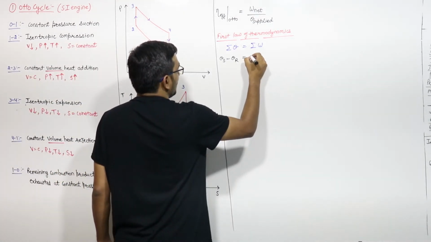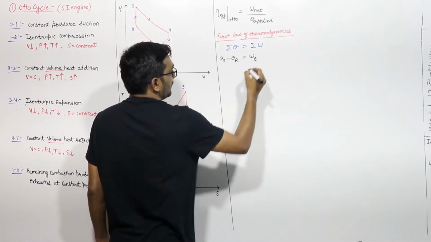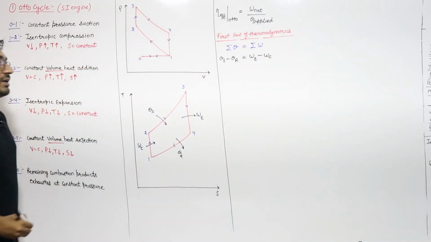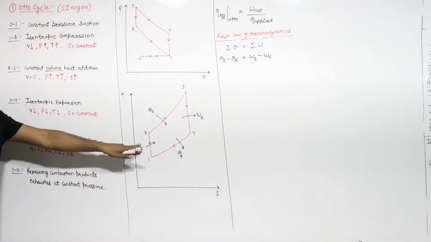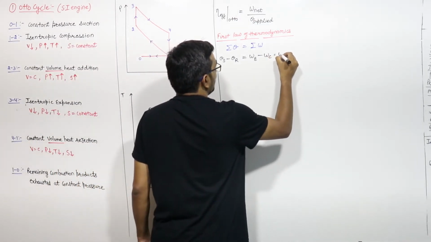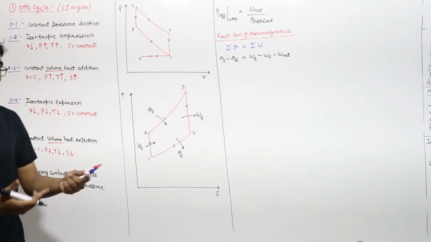This will be equal to the work done by the system, which is positive, WE, minus WC, the work required during the compression process. So this will be the net work produced by this engine.